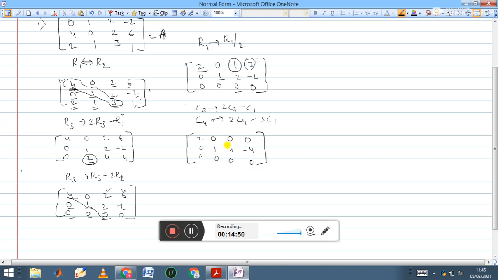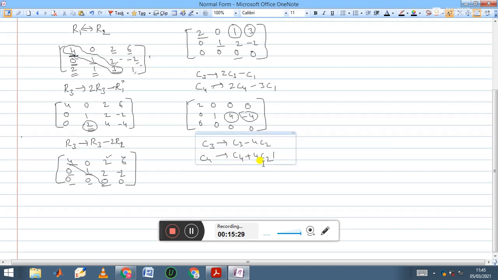Now you focus on this element. You can make this element and this element 0 by using the second column. Then your operation C3 implies C3 minus 4C2. Similarly, C4 implies C4 plus 4C2.